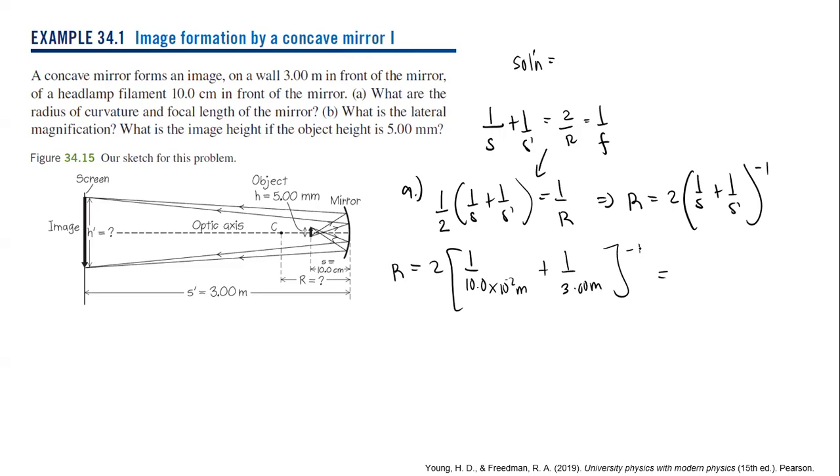So, don't forget the inverse. So, 2 times 1 over 10 times 10 to the negative 2 plus 1 over 3.